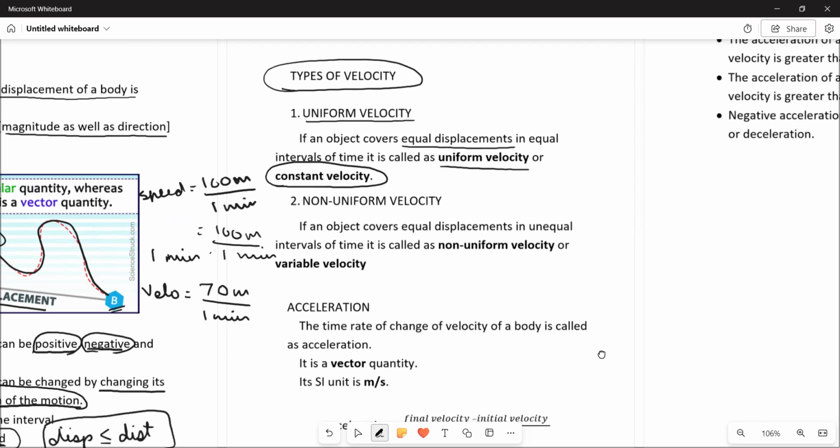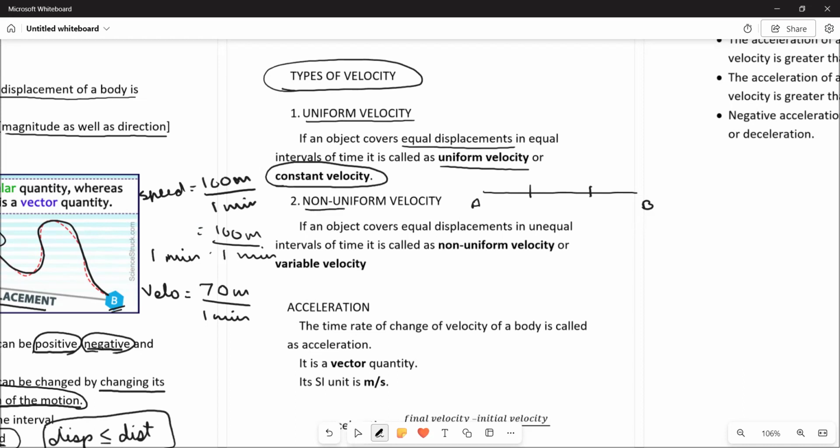It is the same as speed, in which we saw that we had a journey from point A to B, and we broke our journey into three different parts of 1 minute and 1 kilometer, and equal distances were covered in equal intervals of time. The same is true for displacement. If an object covers equal displacements in equal intervals of time, it will be called uniform velocity.